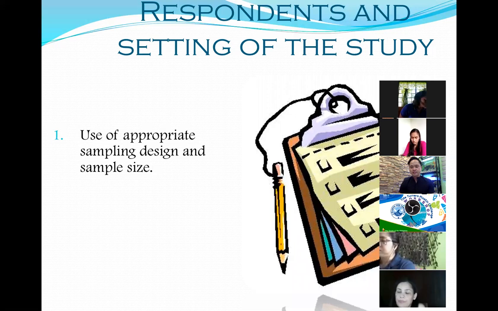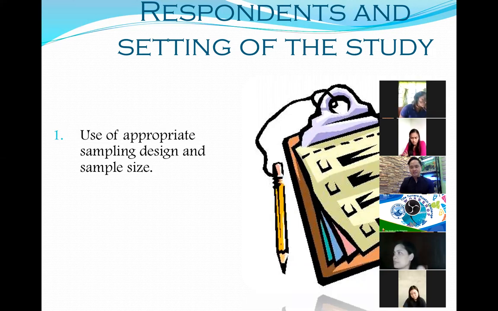Because when you do an experimental, you will be needing control and experimental group. And asking your students to be part of your experiment is not allowed because face-to-face, as per the IATF and the Department of Education, is not yet permitted. So therefore, we are not allowed to conduct any experimental type of research.